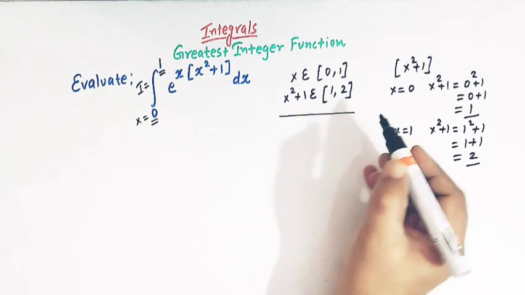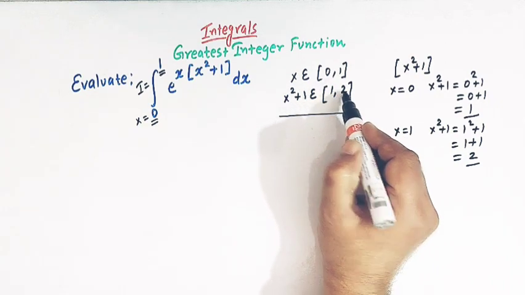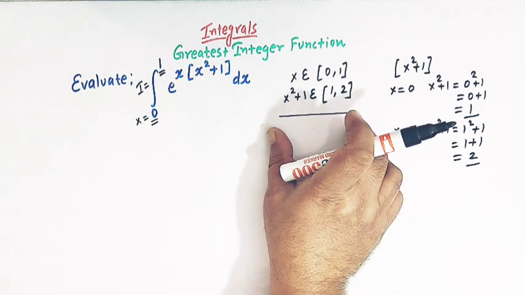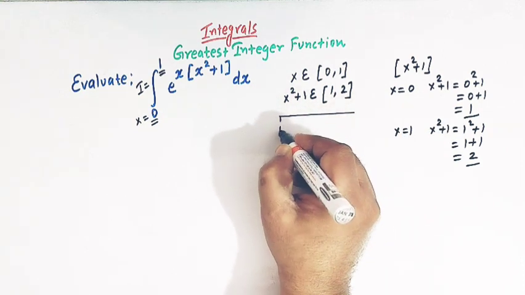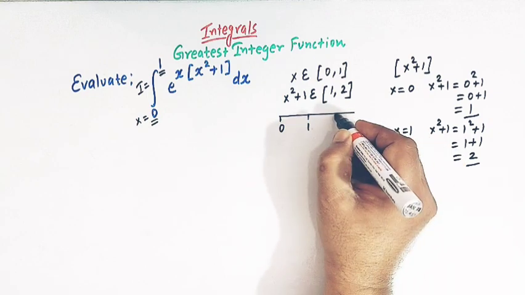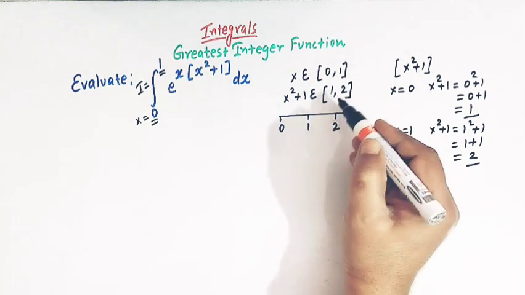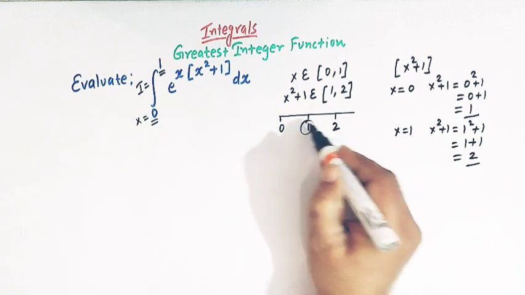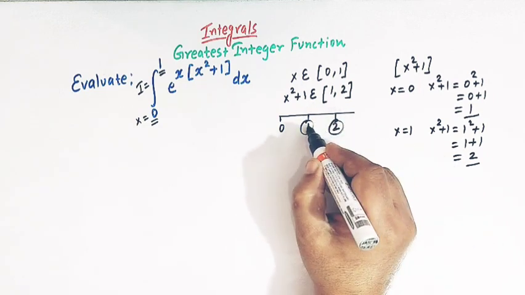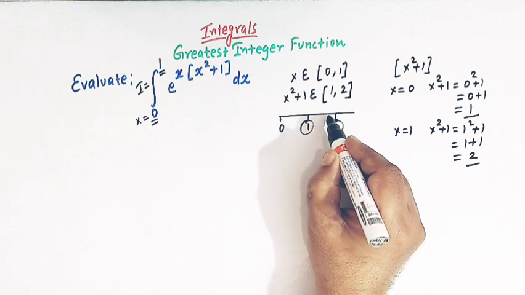Let us represent these numbers on the real number line: here we have 0, here 1, and here 2. We see that between 1 and 2 there is no integer.